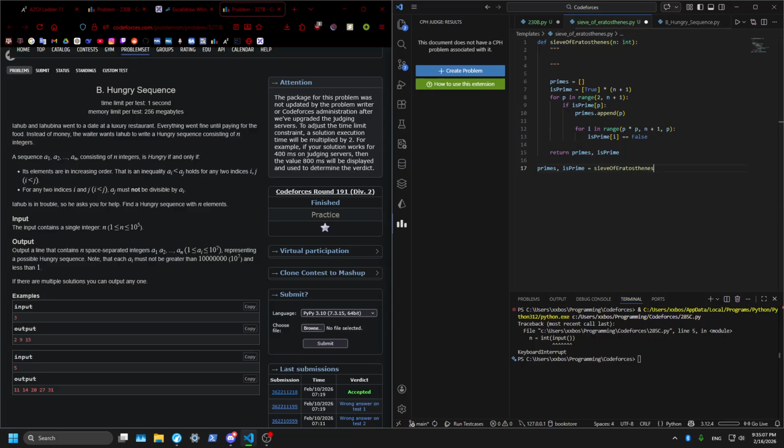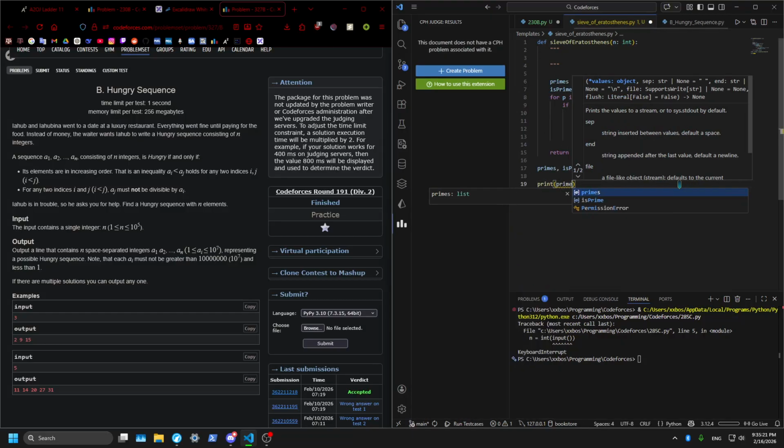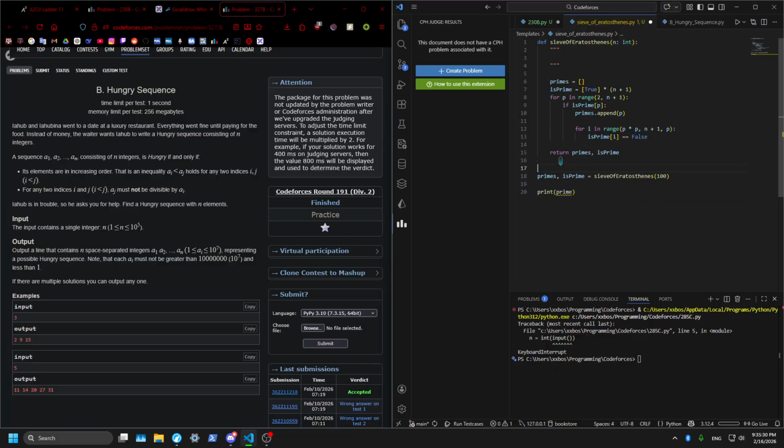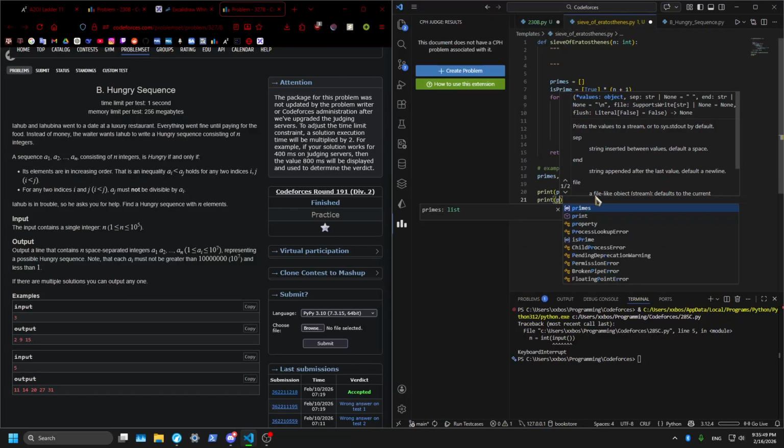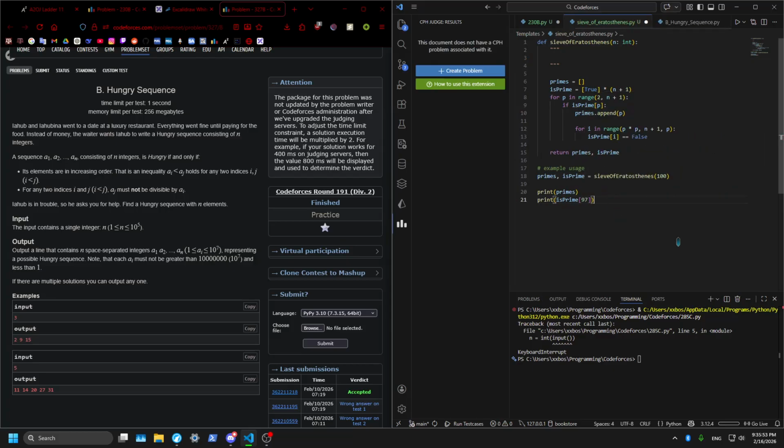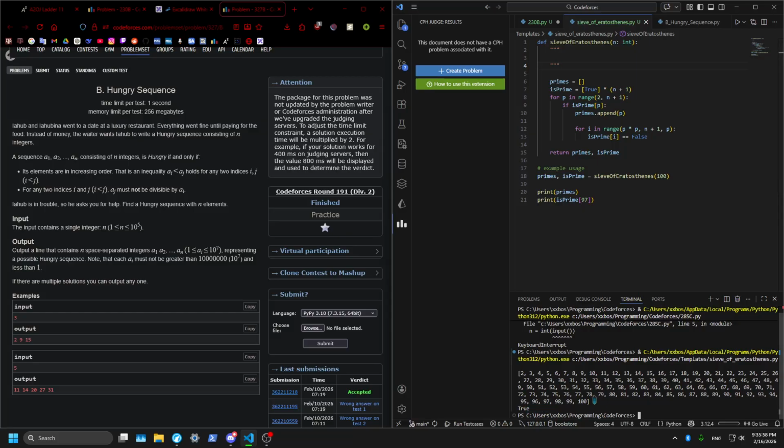Let's see if the seed of Eratosthenes works, and then we'll do like 100 or something. 2, 3, 4, 5, 6. That's not right.